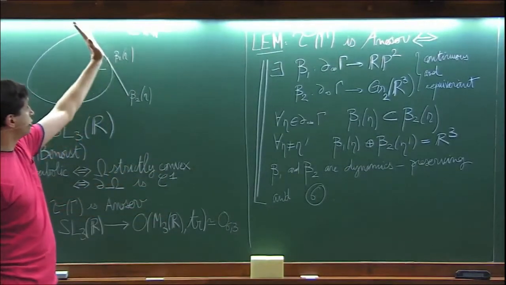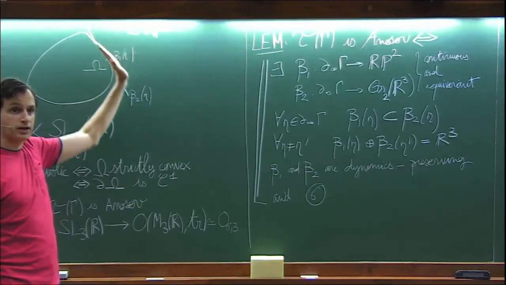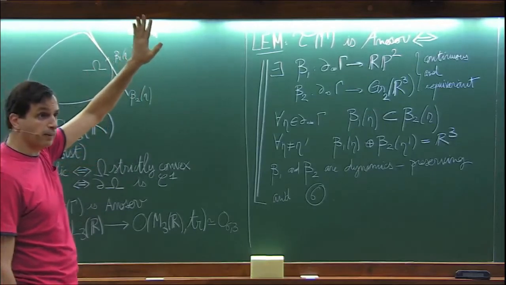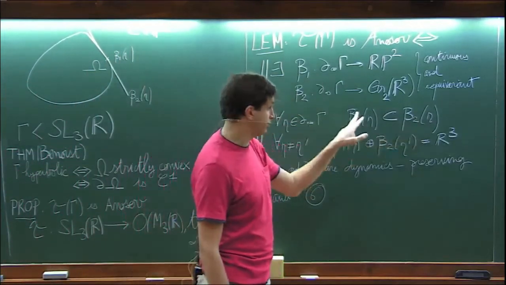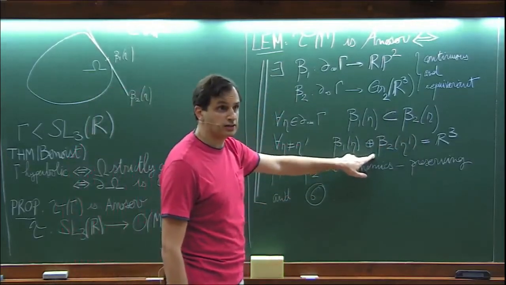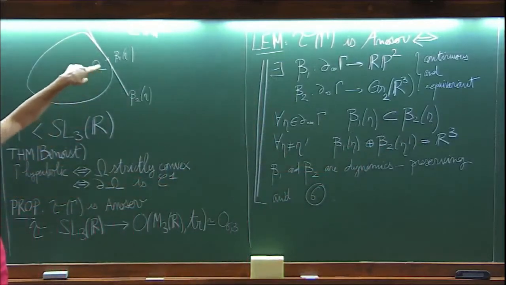And this unique tangent line, it's a line in RP2, but I can see it as a plane in R3. And this gives the map beta 2, which is this obvious inclusion. And this property reflects the strict convexity of this set omega.